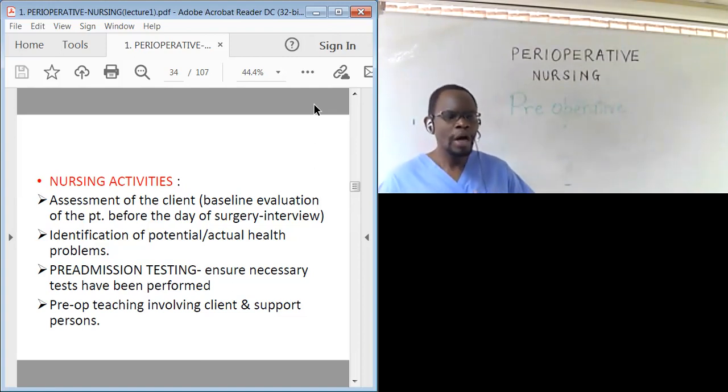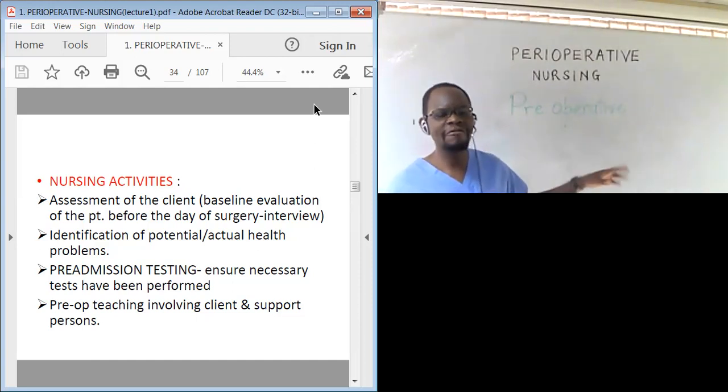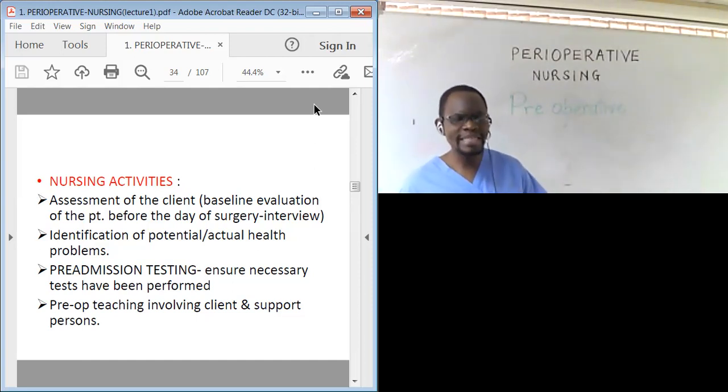So preoperative teaching involves some of these things. What are some of the medications that will be given to the patient? What are some of the exercises that the patient will be required to do after surgery? All this happens in preoperative teaching.